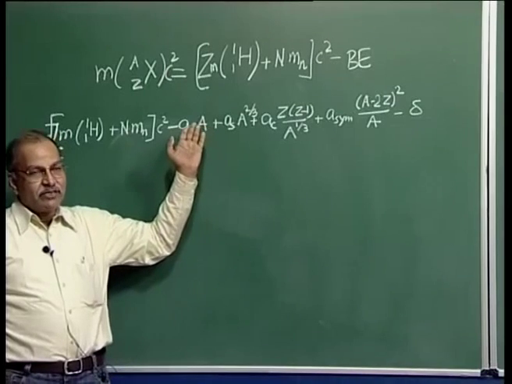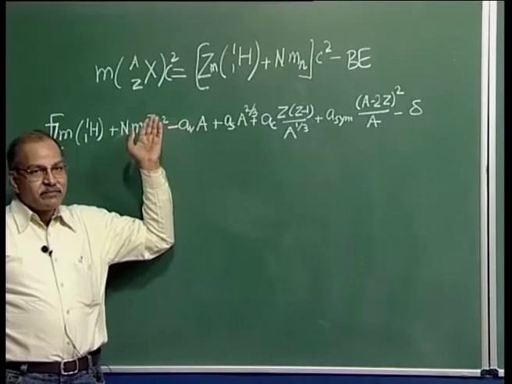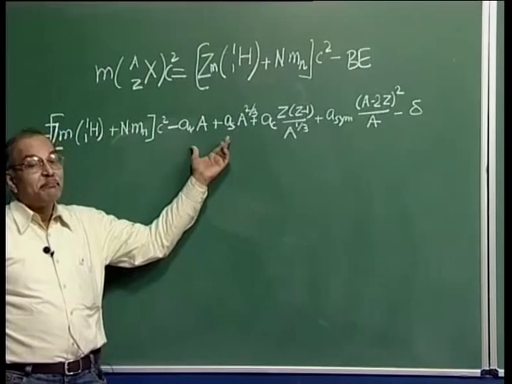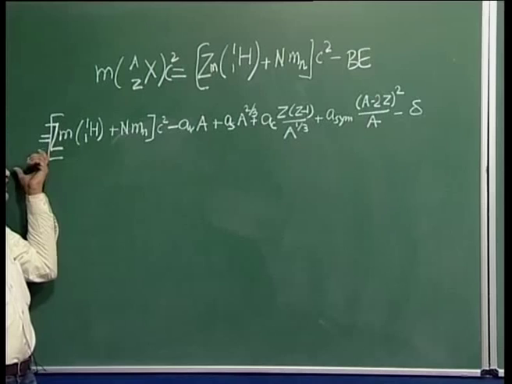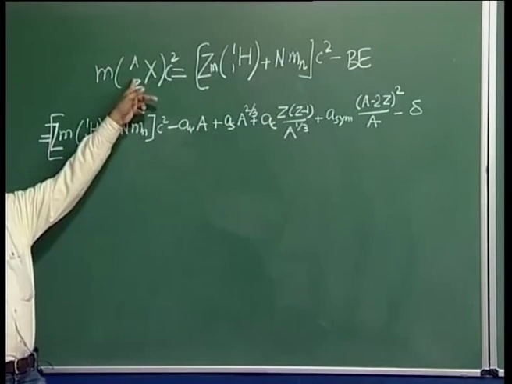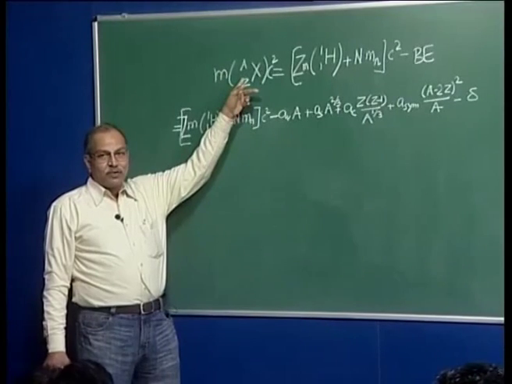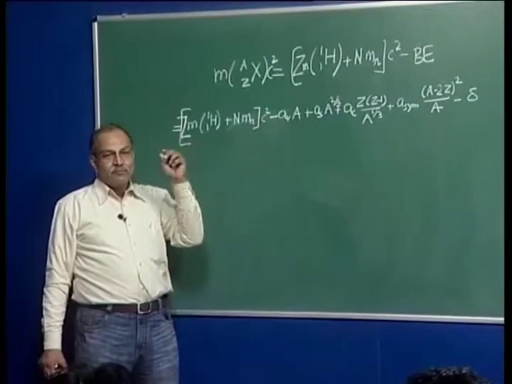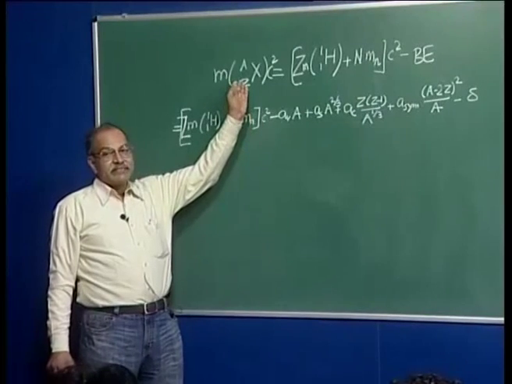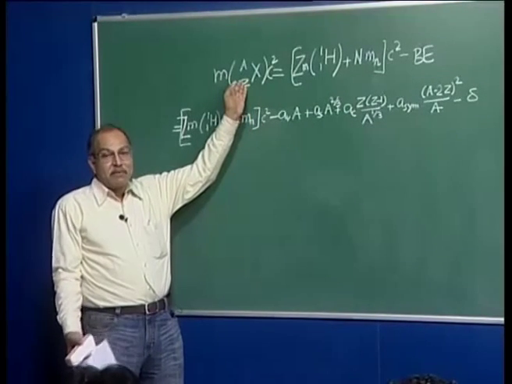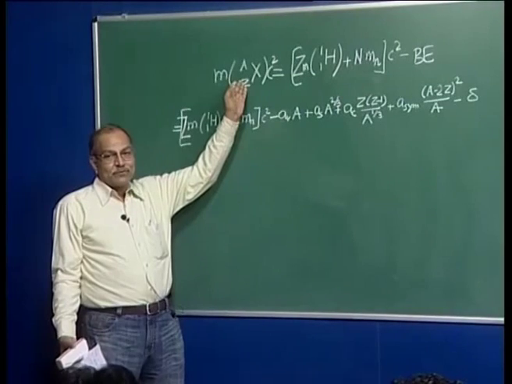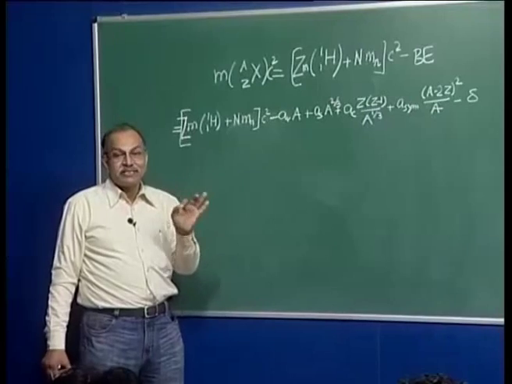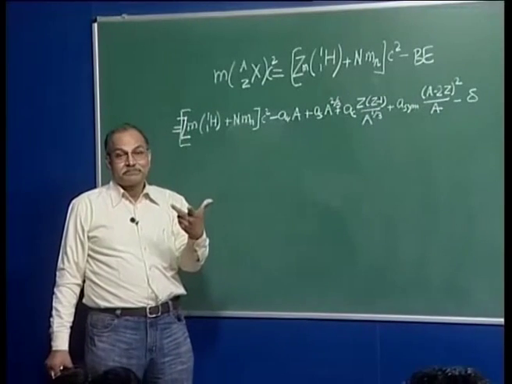Then I will try to see at what value of Z this expression is minimum. This is the total mass energy of the nucleus. So at what value of Z and corresponding N, with a given A, is this mass energy minimum? That will be the stable nucleus. That should give me the proton-neutron composition for a given capital A.